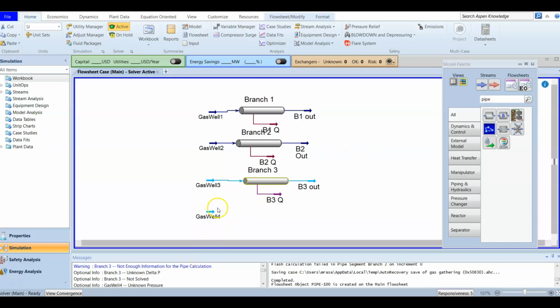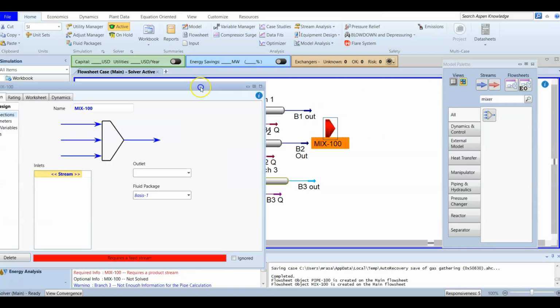I'll work with this one again, but here, as we are saying, this one is not defined because this stream is not defined. So this one would also be the same case. So in this case, I'm going to work with these two streams that I've already defined. I'm going to mix them together. So this is our mixer, and double click to open it.